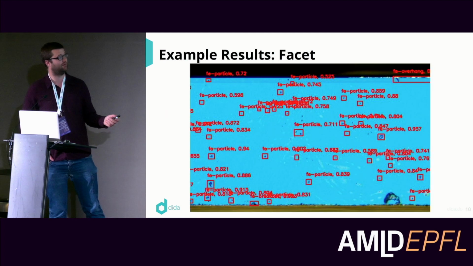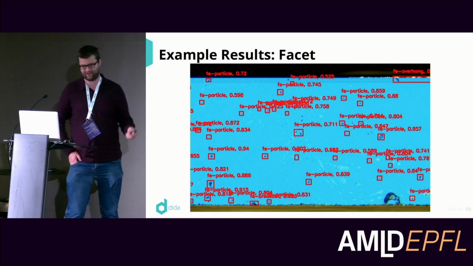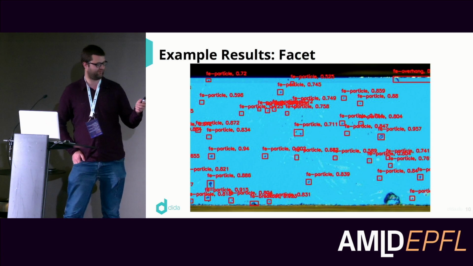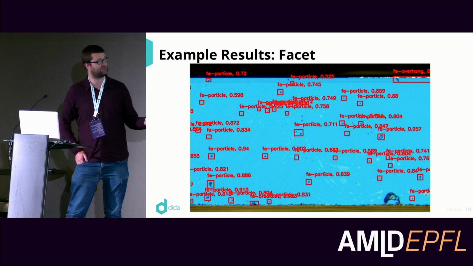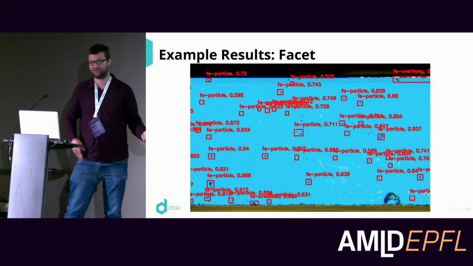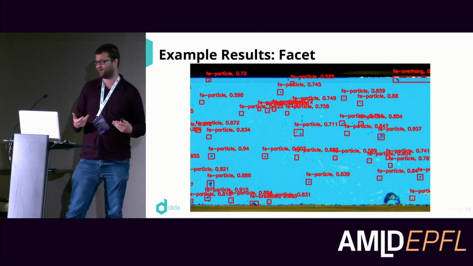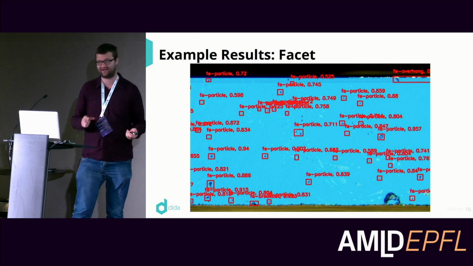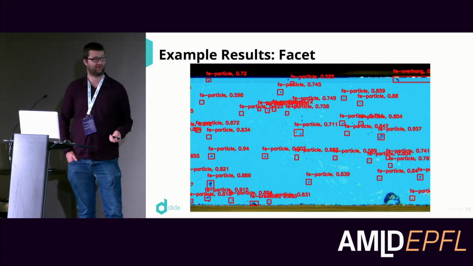Okay, so here we have some examples of the facet. This is a bit compressed, but there's some very good stuff and some bad stuff here. We predict a lot of these particles, and although we've missed some stuff here and here, the reason we miss this stuff is because when we're in a very dense region with lots of detections, we run out of these anchor boxes, and the model struggles there.